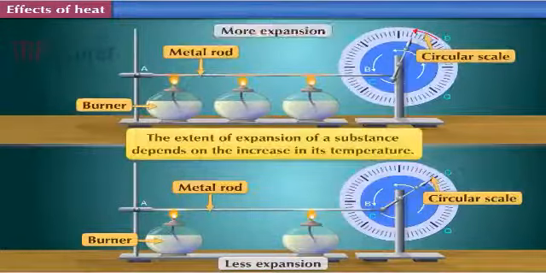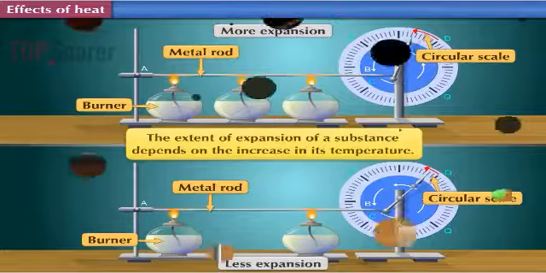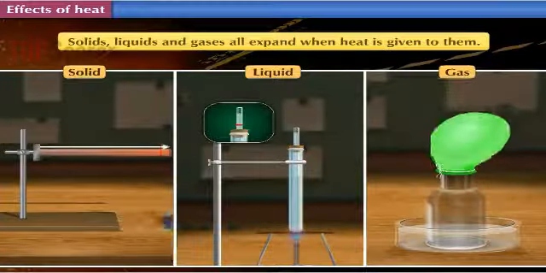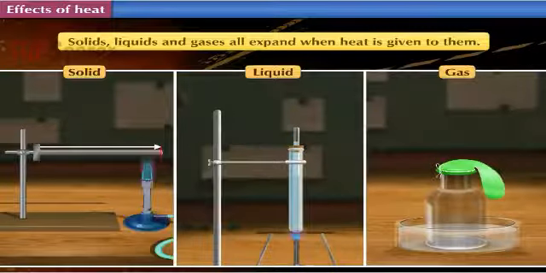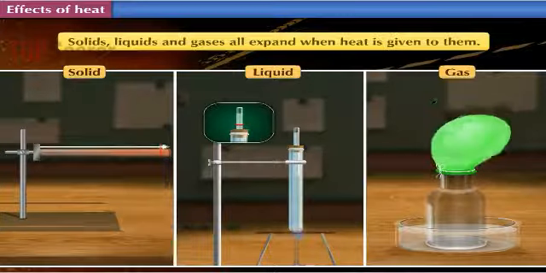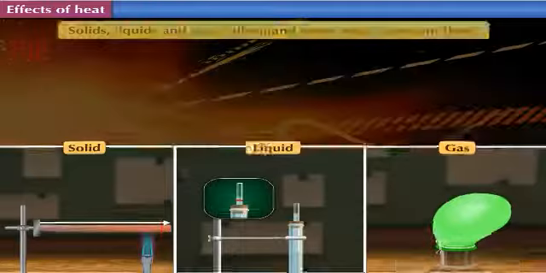The extent of expansion of a substance depends on the increase in its temperature. Solids, liquids and gases all expand when heat is given to them. In the next part of the chapter, let us study expansion of solids, liquids and gases in detail.